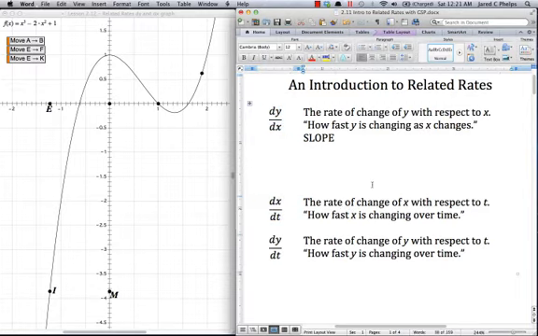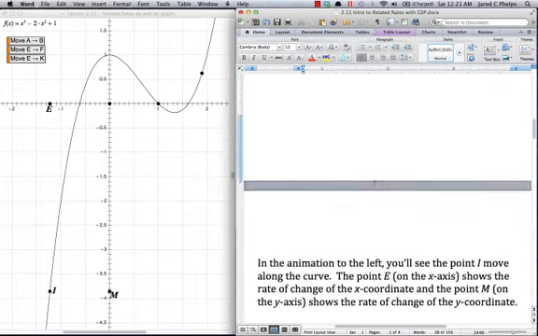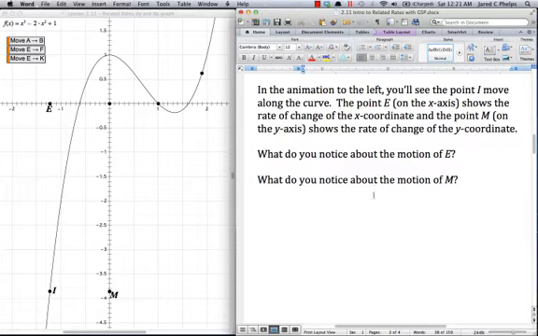Okay, I'd like to look at an example of this graphically, and I think it gives us a chance to see some neat stuff. In a little bit, I'm going to show you an animation on the left side of the screen. You're going to see this point I move along the curve. As it moves, the point E is going to shadow it.